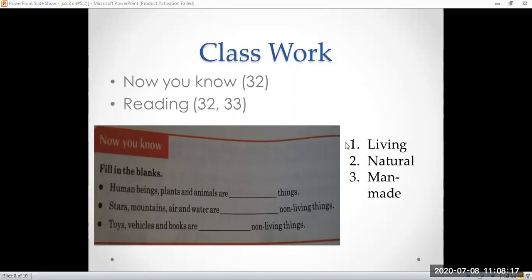For example, the leaves of the mimosa, the touch-me-not plant, fold and droop quickly when you touch them. Non-living things do not move by themselves. Your toy car will move only when you make it move.